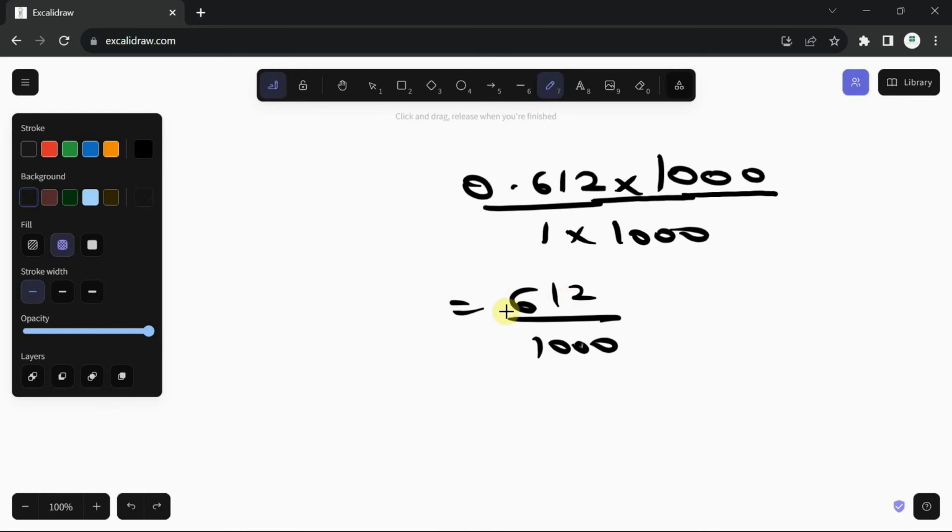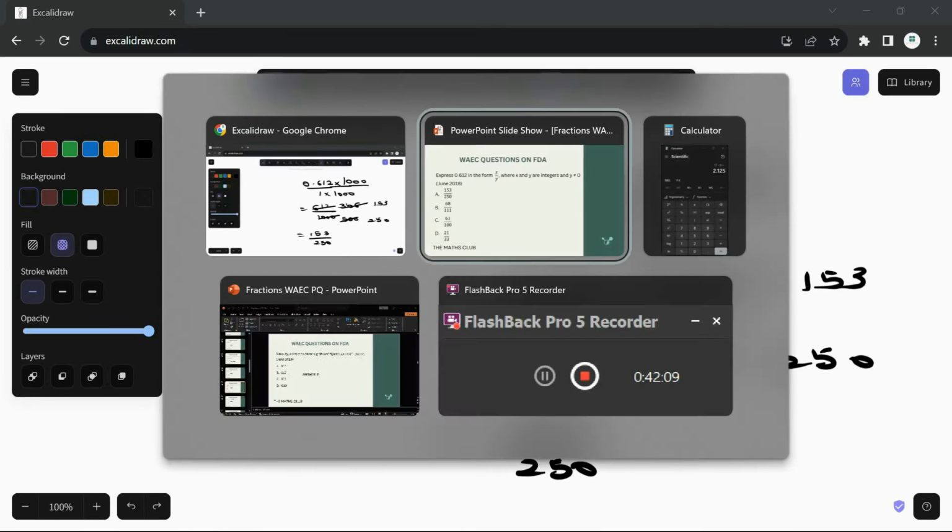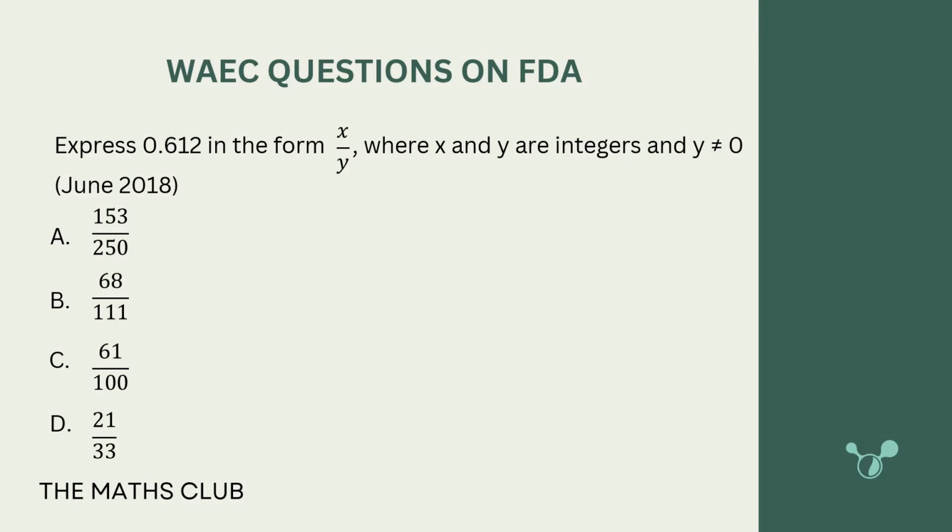So we can reduce this further by dividing by 2: 2 into 612 is 306, and 2 into 1000 is 500. Again, 2 into 306 is 153, and 2 into 500 is 250. So our answer is 153 all over 250, right? The division can be a bit messy, but that is our option A. So 153 all over 250.